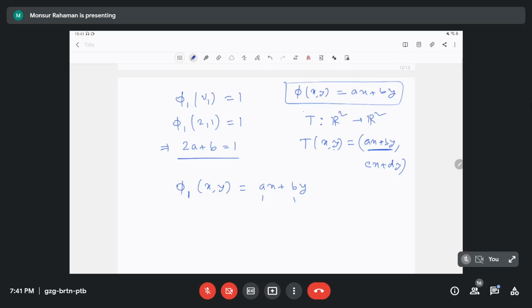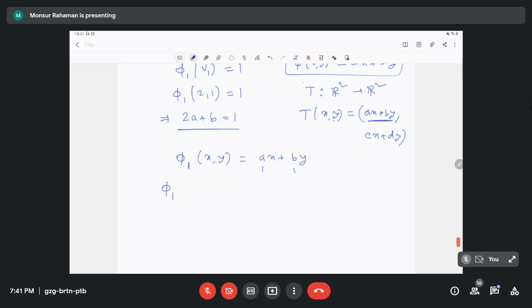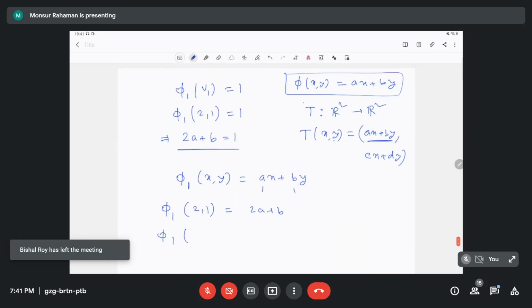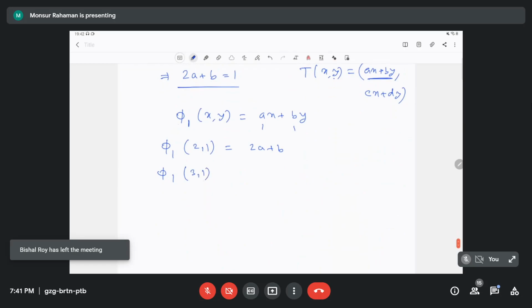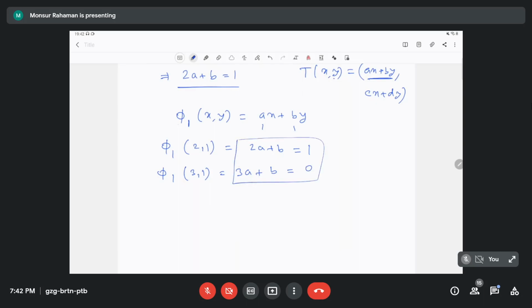So phi 1 needs a and b. To send phi 1 of the first vector, we write 2a plus b, and the second vector was (3, 1), which gives 3a plus b. Okay, so this is 1 as given and this is 0. You can solve these two equations.